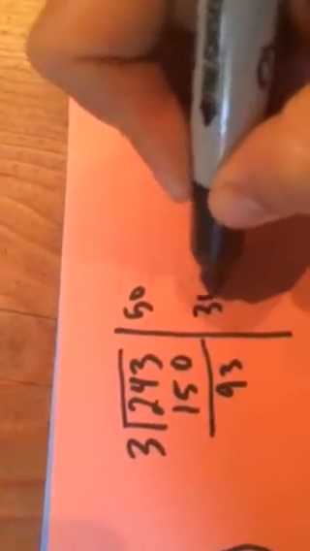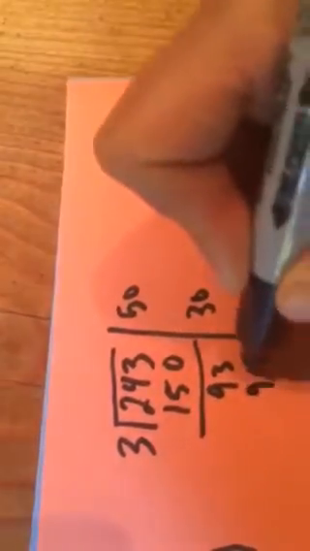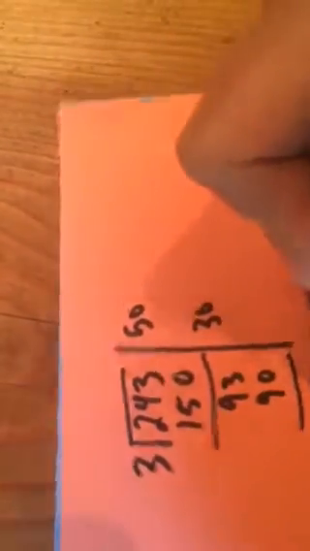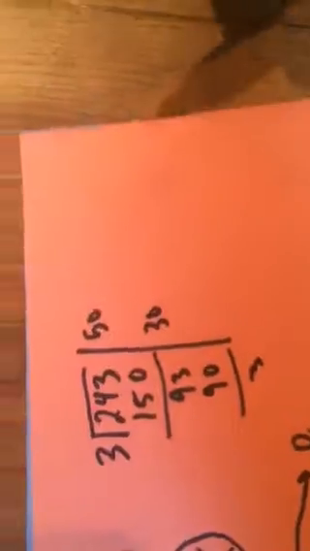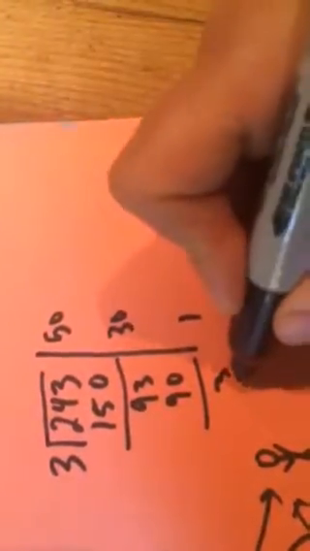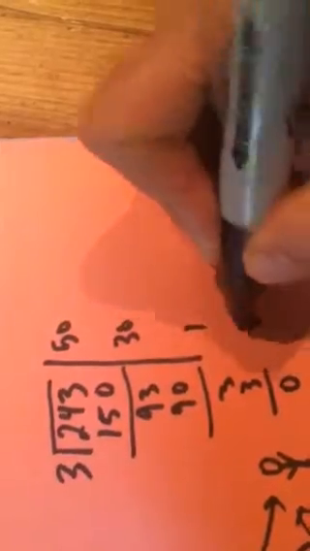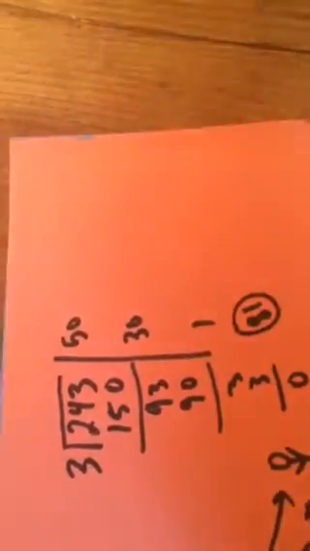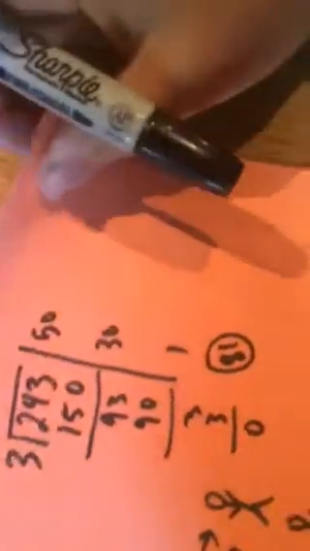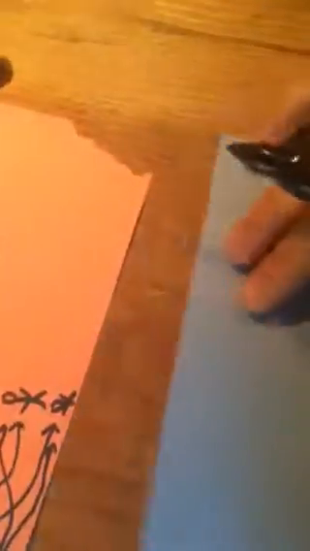I can give each person 30. I use 90, and there are 3 left. And then I can give each person 1, which means there are 0 left. And so I've given each person 81, whatever it is, jelly beans or whatever.